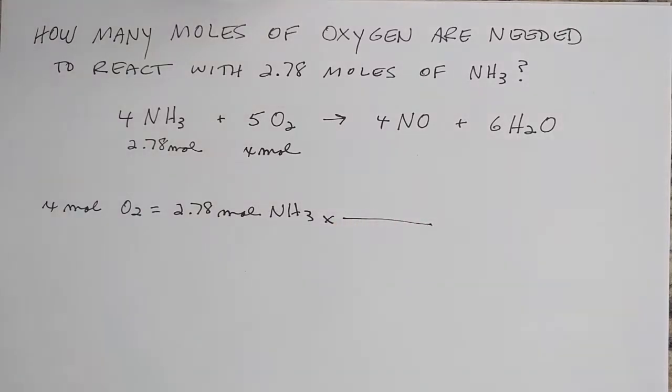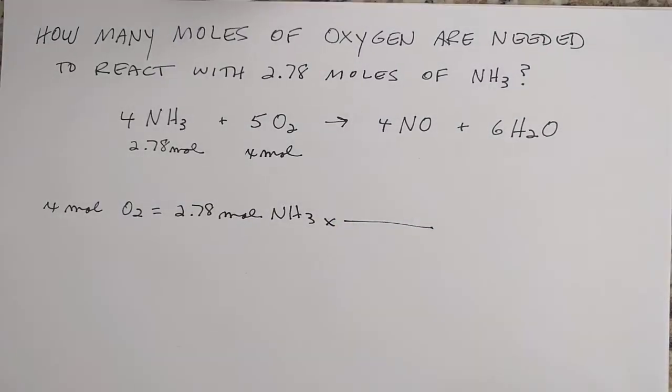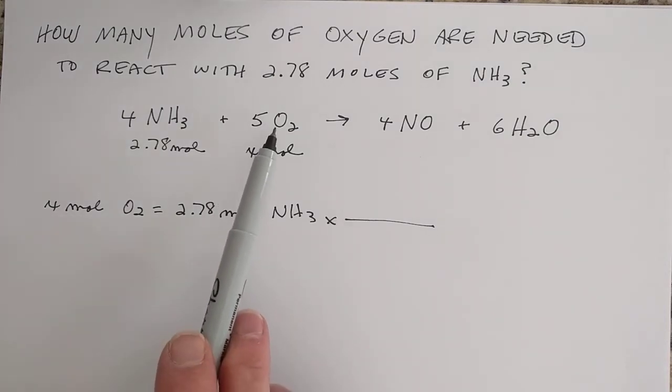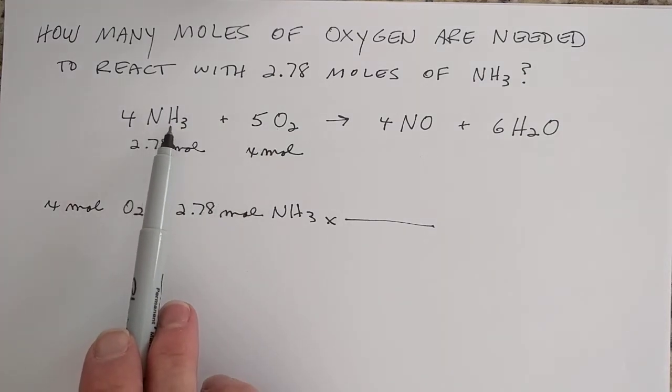Multiplication sign and crossbar, just like all the dimensional analysis problems that we've been doing. For this, remember, you always want to have your substance formula. They're different on both sides of the equation. So we have moles of oxygen to moles of NH3. We're going to use our mole ratio from the coefficients. So our ratio is 5 moles of O2 to 4 moles of NH3.